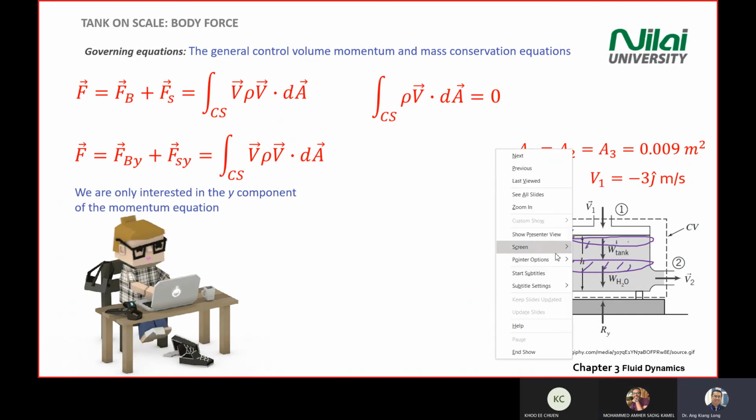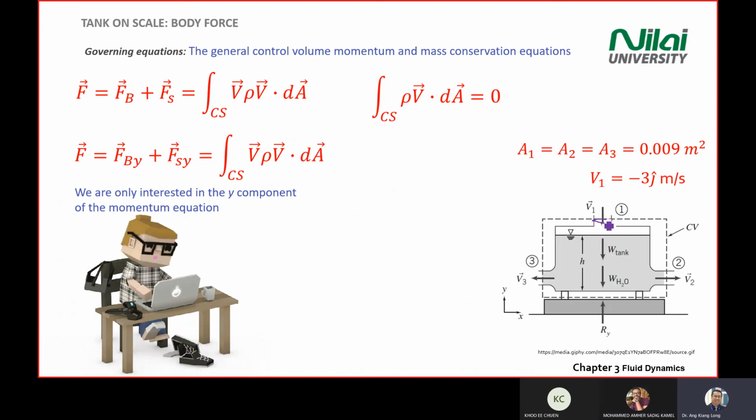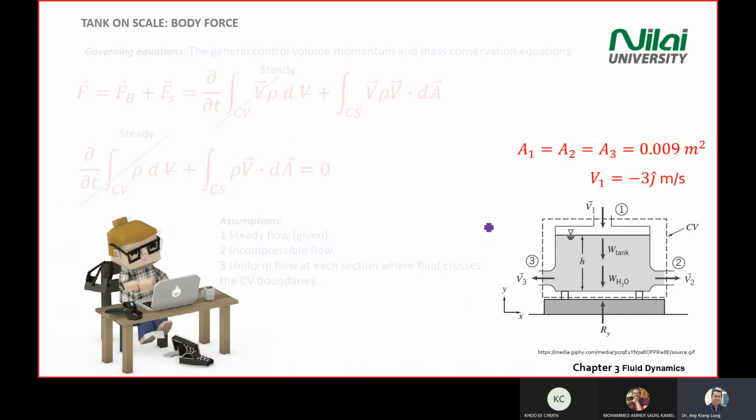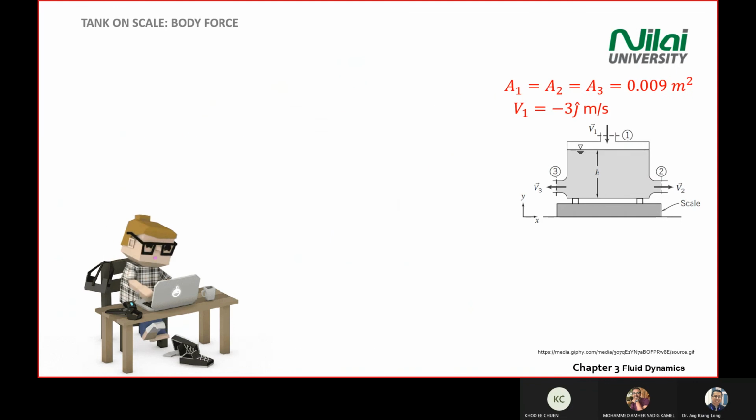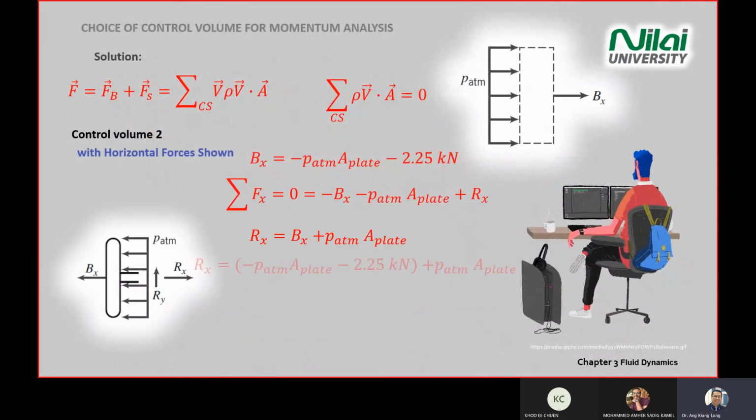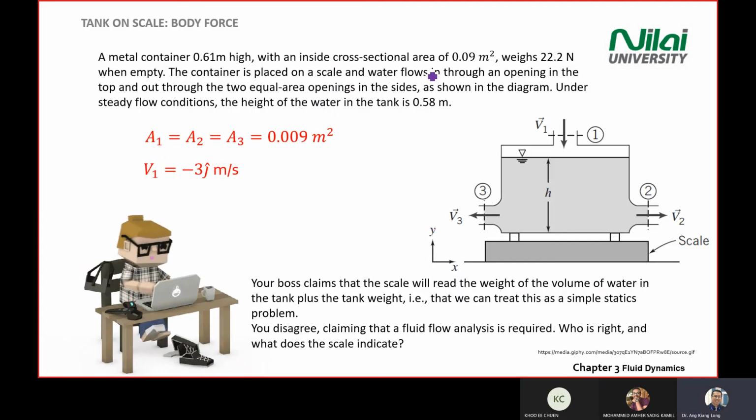Sorry, I'm drawing the wrong position there. It should be the area of this one and this one. No, I don't think I wrote the wrong one. You see, there are two areas there. So I think it's correct. One is the 0.009 for the water.